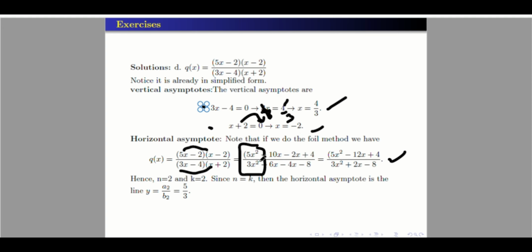So 2 equals 2, the degree of the numerator and denominator are equal, then we'll follow the condition number 2 of the theorem, meaning we'll just take the ratio of the leading coefficient of the numerator and the leading coefficient of the denominator. So we have y is equal to 5 over 3.